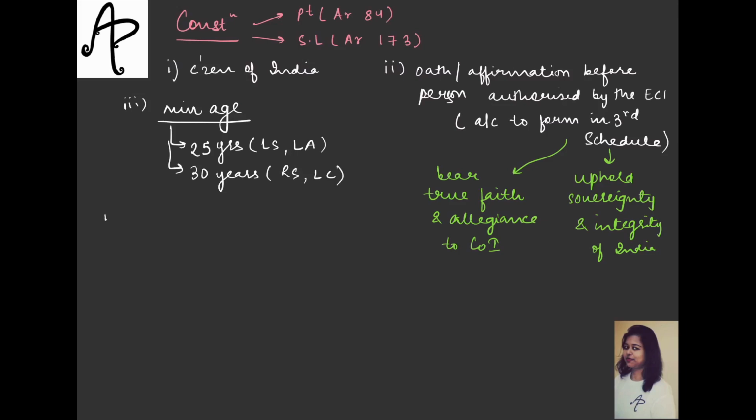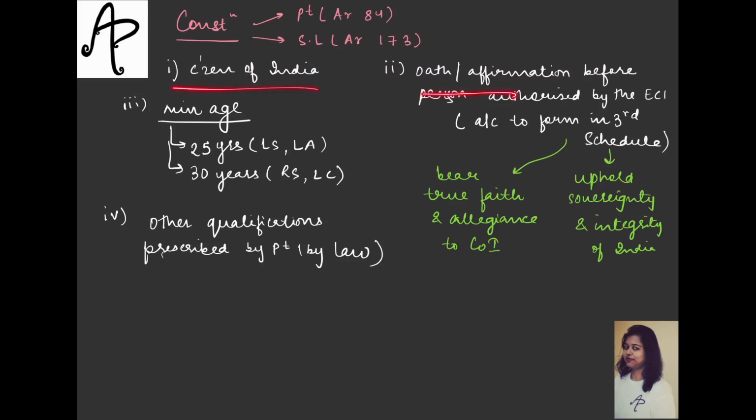And the fourth condition it says is other qualifications prescribed by Parliament by law. So the Constitution, apart from giving certain conditions, is also giving Parliament the right to prescribe certain qualifications if needed, and the Parliament has done that also.